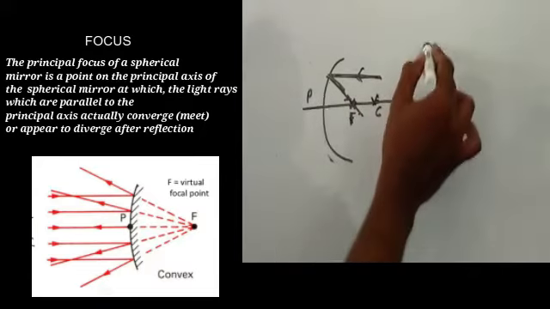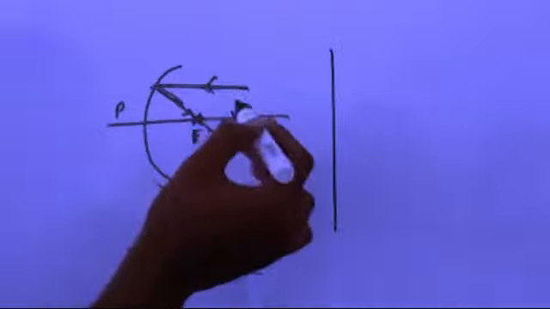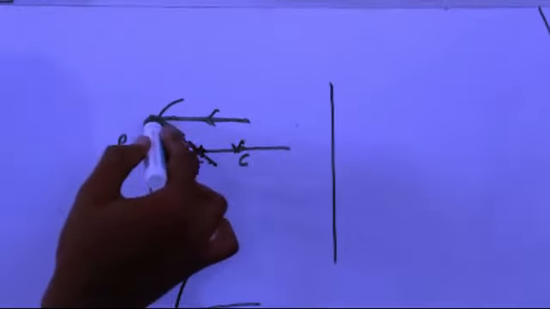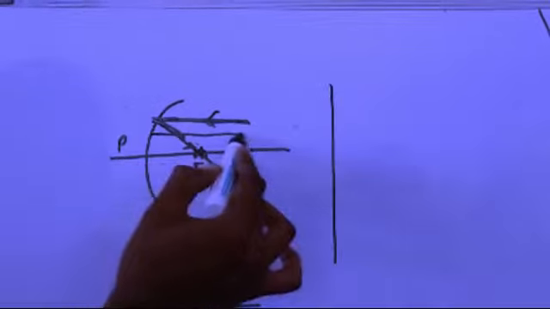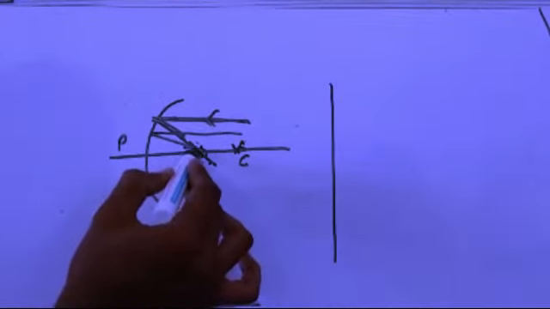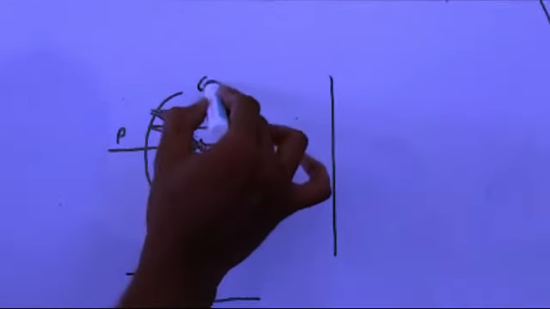This focus point we can also divide into two cases. Suppose this is the case of a concave mirror. In this case, we can observe that the reflected light converges towards a point. If I take another beam of light, after reflection it will also converge towards a point. So in the case of a concave mirror it is converging.